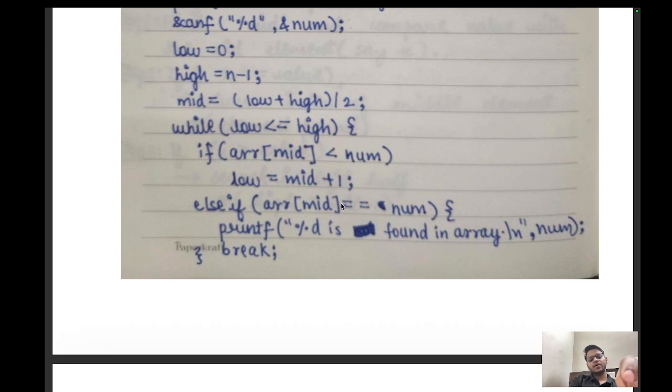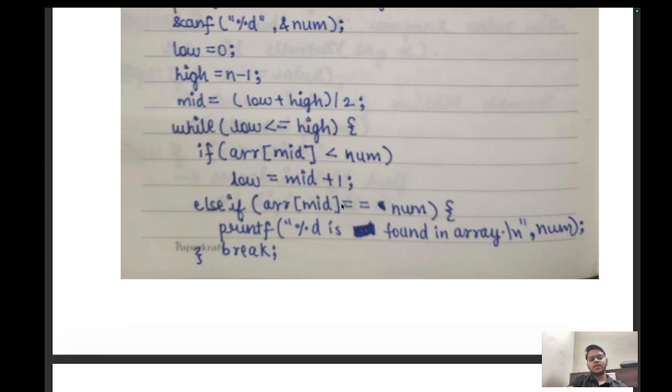If array[mid] is less than the number, that is, if the middle value is less than the number, then low would be equal to mid plus 1. Why did we do this? It is very easy if you see things clearly and use your brain.